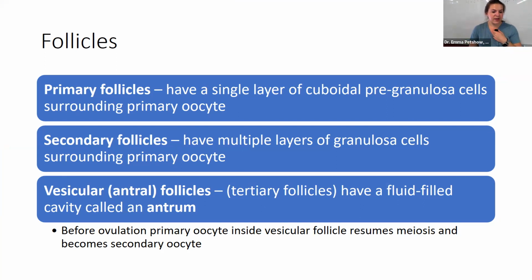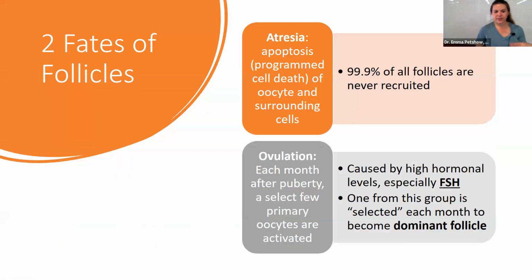And vesicular, antral, or tertiary follicles have an antrum, and they also can surround primary oocytes prior to ovulation. A primary oocyte inside this type of follicle, the tertiary follicle, can resume meiosis and become a secondary oocyte. So the follicle has to get here prior to the primary oocyte resuming and undergoing meiosis. That's why there is a relationship between the two.